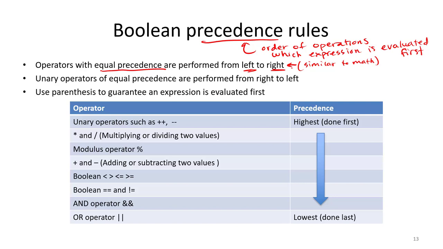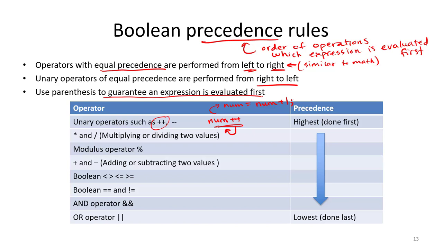But there's a couple special exceptions for C++. So C++ has these things called unary operators. For example, if we have a variable like num++, remember that means num equals num plus 1. If we have one of these unary operators like plus plus, notice those are performed from right to left. You also want to make sure you use parentheses to guarantee if you need a certain expression to be evaluated first.